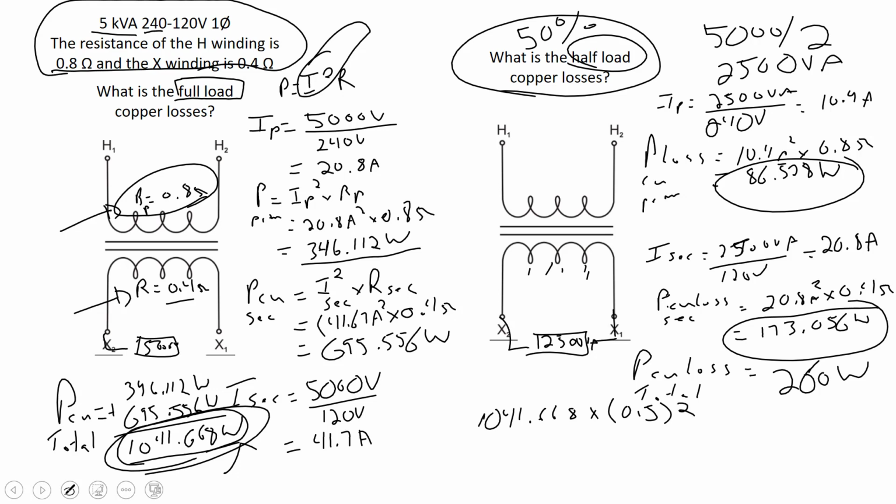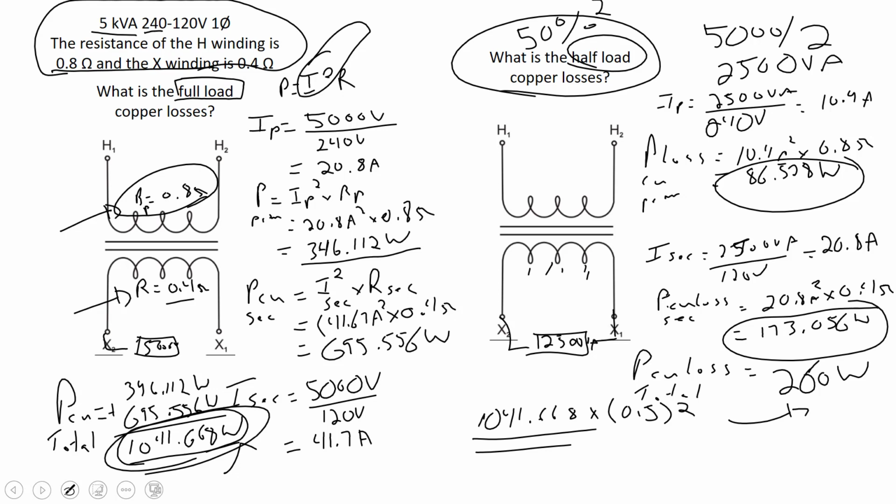So if you square that percentage and multiply it by your full load copper losses, we will get the same value. All right, so punch in my calculator, 1041.668 times 0.5 squared, which is 0.25, 260 watts. All right, so just an easier way to get there.